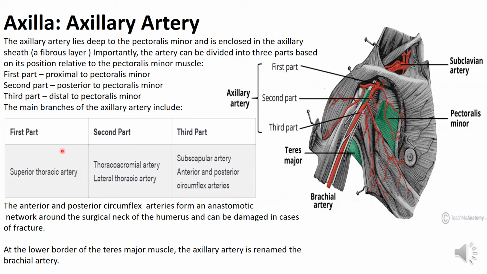The first part is superior thoracic artery, second part thoracoacromial artery and lateral thoracic artery, third part subscapular artery, anterior and posterior circumflex artery, which supplies surgical neck of the humerus. Then at the lower border of teres major muscle, axillary artery is renamed as brachial artery.